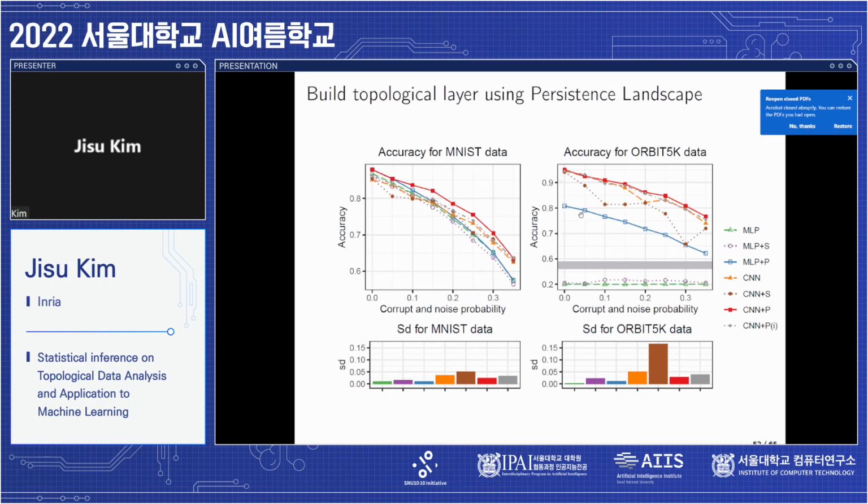You can see that the accuracy is greatly increased, and the same phenomenon is observed for CNN versus CNN plus topological layer. Also, when you add the topological layer, the variability of the model greatly decreases.